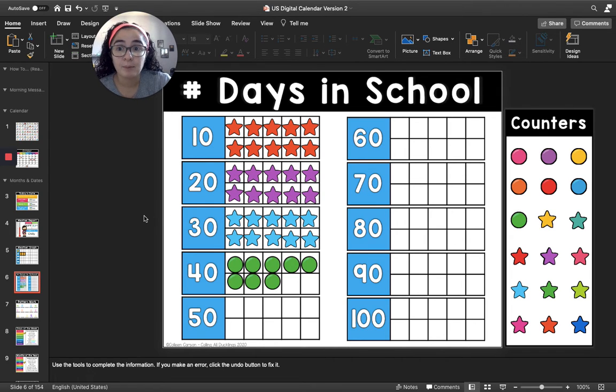So that means that we can count by 10 3 times. But then, Miss Amanda, what are we going to do when we get to the fourth 10 frame? Well, kiddos, once we get to this 10 frame and start counting the green circles, then we're going to have to count by ones since it's not a full 10 frame yet. But we can count these 10 frames up here by tens. So let's get started.